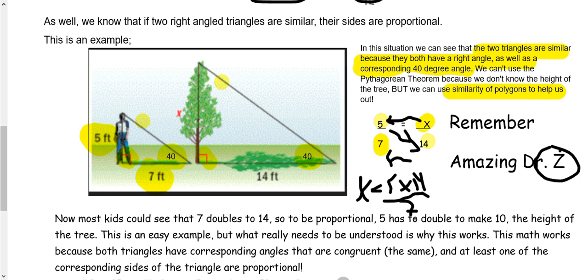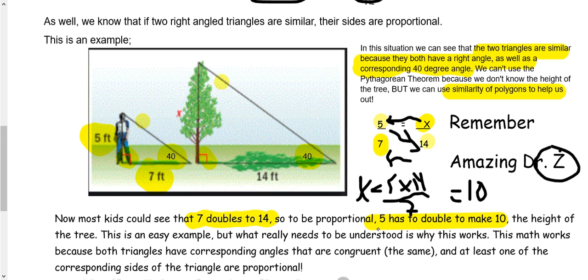Well, that's just a lot of math. 5 times 14 divided by 7. It's going to turn out to be 10. Now, most kids can see that 7 doubles to 14, to be proportional. 5 has to double to make 10.